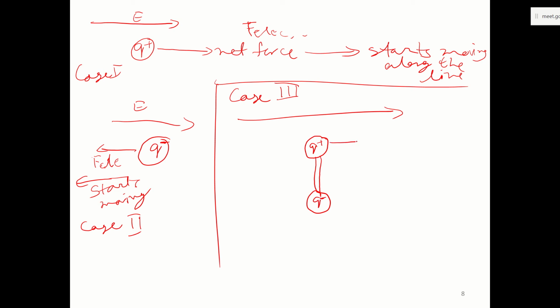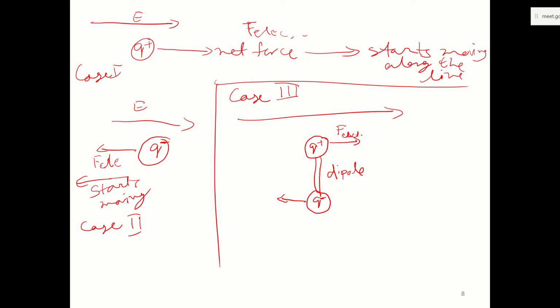There will be a force acting in this direction, and a similar electrostatic force you can think of, which will act on Q minus in this direction. So this is a dipole, we can say an electric dipole.